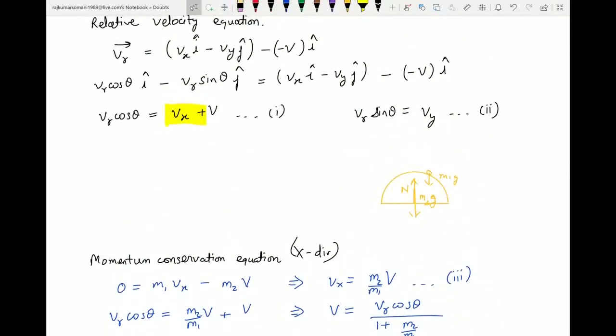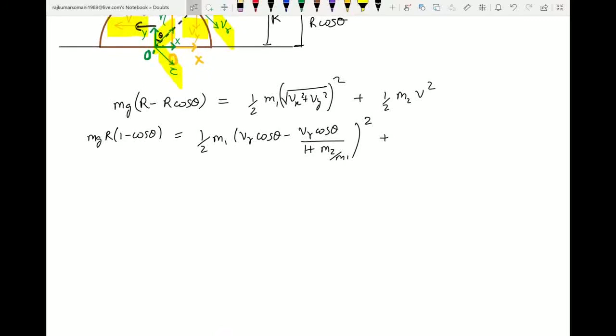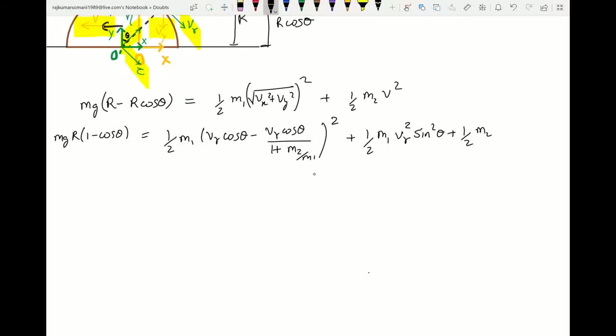Vy is Vr sin theta, equation number 2, so half m1 Vr square sin square theta, plus half m2 times the velocity of this hemisphere, which is Vr cos theta divided by 1 plus m2 divided by m1, and a whole square of this. This is the relationship between theta and Vr.